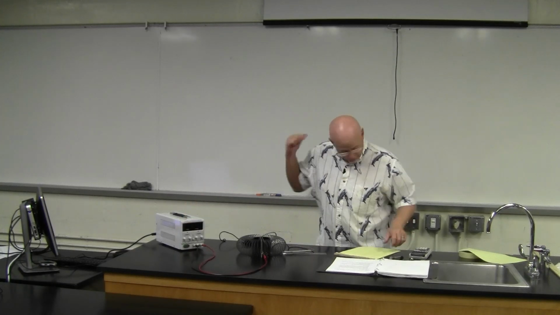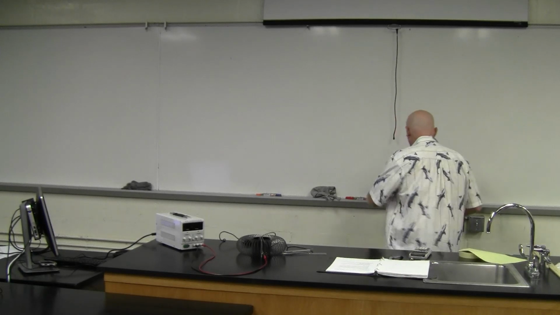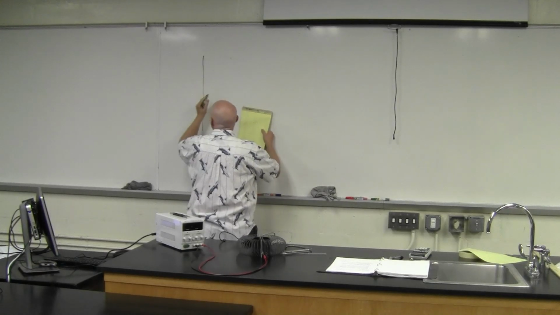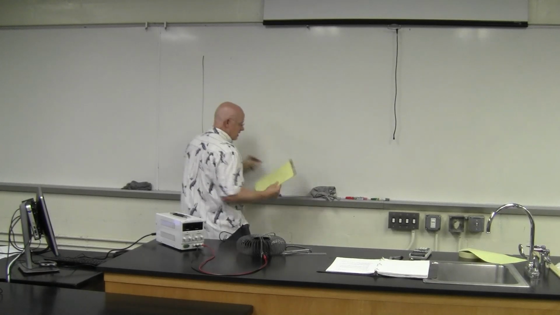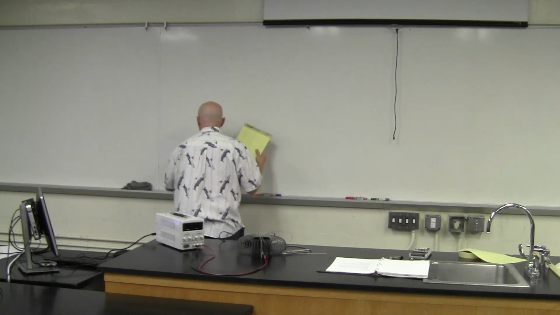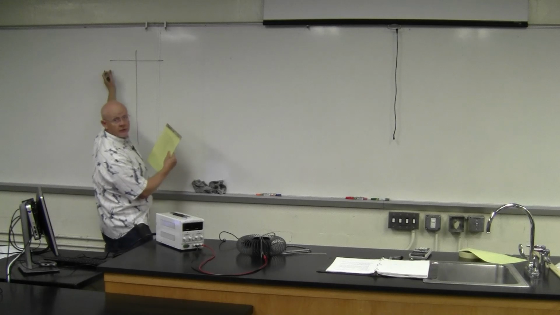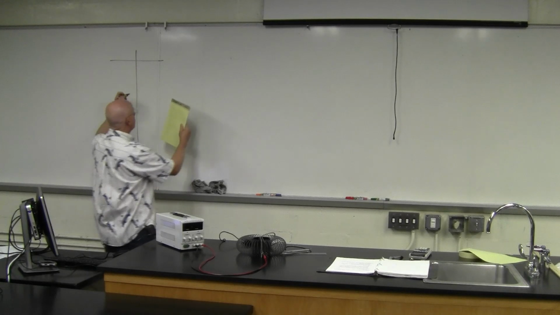All right, let me transfer these onto the board so you can enter them into your graphical analysis for your fourth graph. Here's what I have. I changed the angle of the camera, so I'll put the data table right over here. Still see that? Okay.